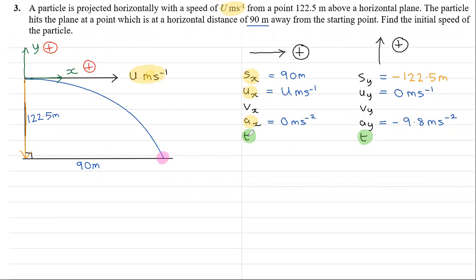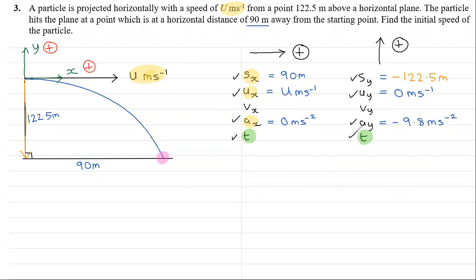They're common to both. So we need to find equations in both the horizontal direction and the vertical direction with time in, so that we can combine them and figure out what capital U is. So we need to find an equation that contains S, U, A, and T, in both cases.